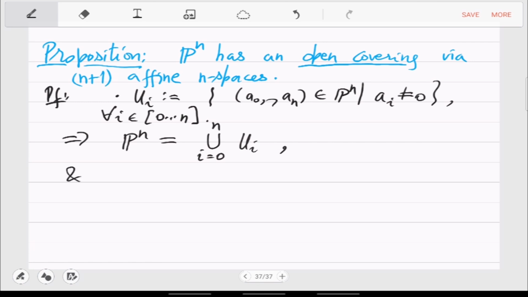And Ui is A to the n. Technically I should say homeomorphic, but that is something I have not defined.